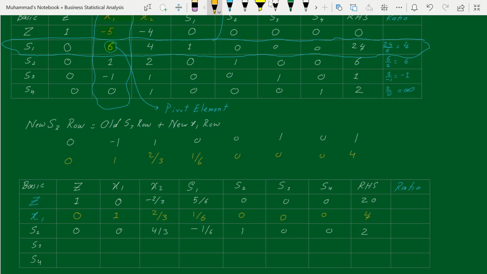For example, here if we add 1 plus 1, it becomes 0, and here 1 plus 2 by 3, so 3 plus 2 is 5 by 3. Okay, so we can write down the 5 by 3.